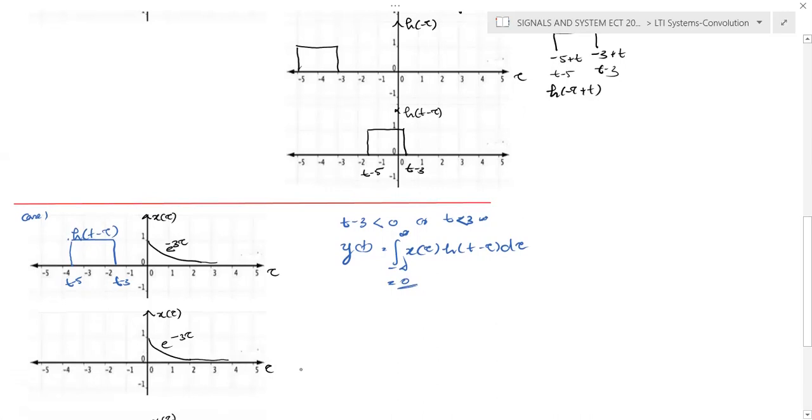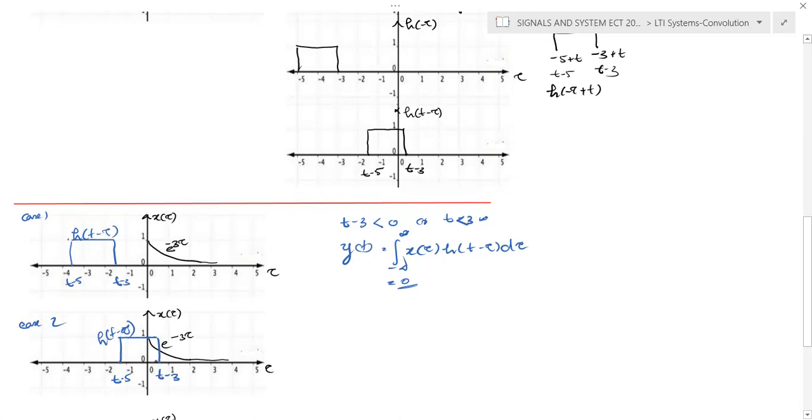And second, you can consider a case where t minus 3 is greater than 0. If t minus 3 is greater than 0, you can see that the width of the pulse is 2 units. So it's t minus 3 and t minus 5. And this is the signal h of t minus tau. This is case 2.